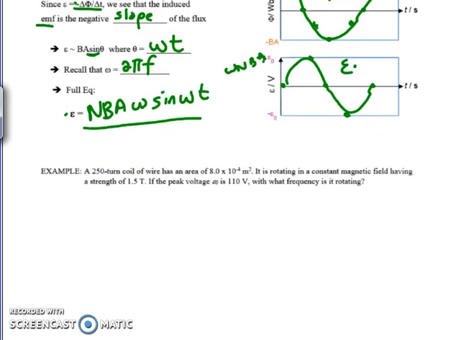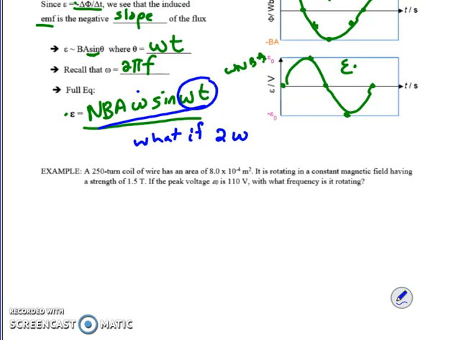Now, an interesting question that's not on here: what if we had twice the omega? What would happen to our EMF? If you look carefully at this equation, you'll notice that omega appears twice, once out front and once as part of the sine. Let's take each one in turn.